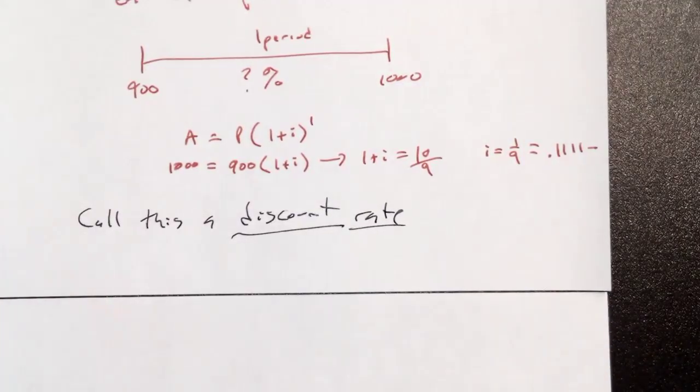And if you think about it, that makes a little more sense to me in terms of the everyday shopping I'm used to doing. I got a discount of 10%. So $1,000 cost me 900.